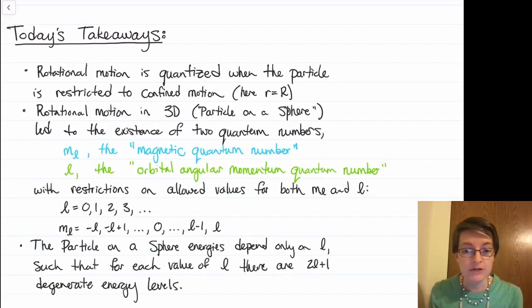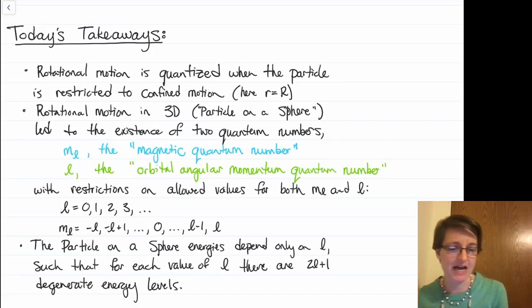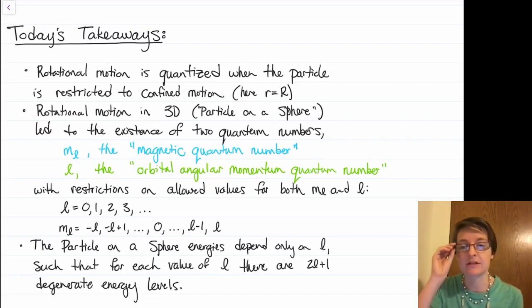Secondly, rotational motion in 3 dimensions, which is most similar to the type of problem we're going to tackle with the hydrogen atom, since the hydrogen atom is a 3-dimensional object, led to the existence of 2 quantum numbers that both have to deal with the angular degrees of freedom. One of those quantum numbers is m sub L, our magnetic quantum number, and the other is L, which we call our orbital angular momentum quantum number. Those have the same chemical meanings as they did in GChem.